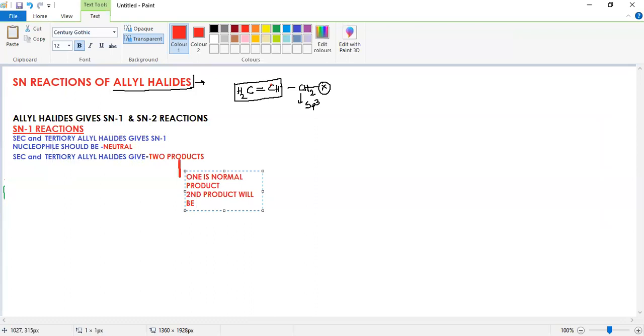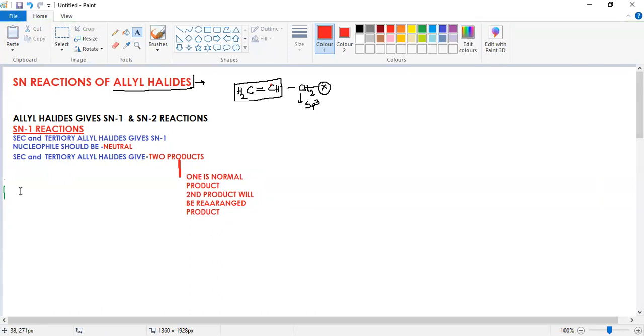What will the second product be? In SN1, what happens? The rearranged product. Out of the two products, one is the normal product and the second one is the rearranged product.